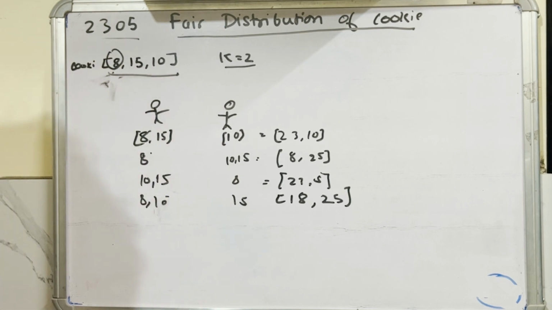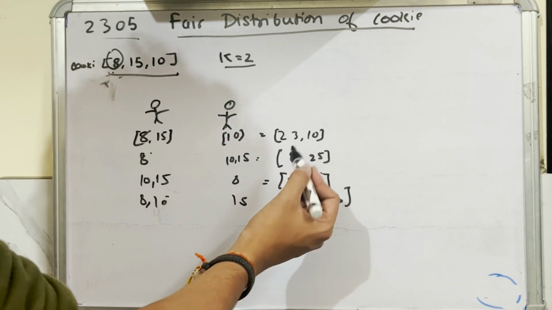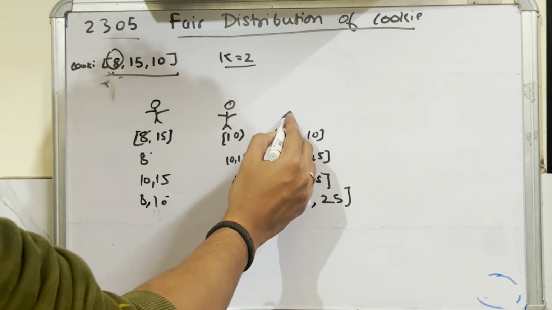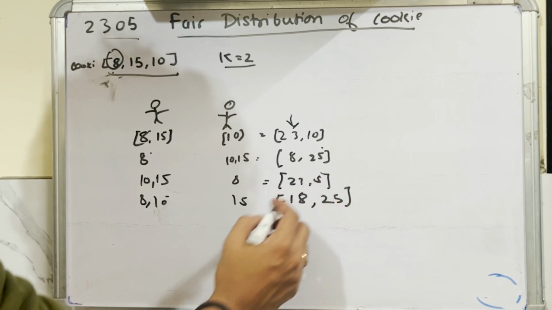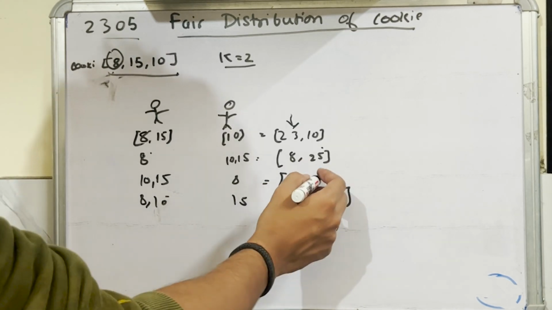So what is unfairness? In this problem statement, I'll read, the unfairness of a distribution is defined as the maximum total cookies obtained by a single child. And what we have to do is return the minimum unfairness. So it is saying that we take the maximum a child can get, and we have to return the minimum out of that.